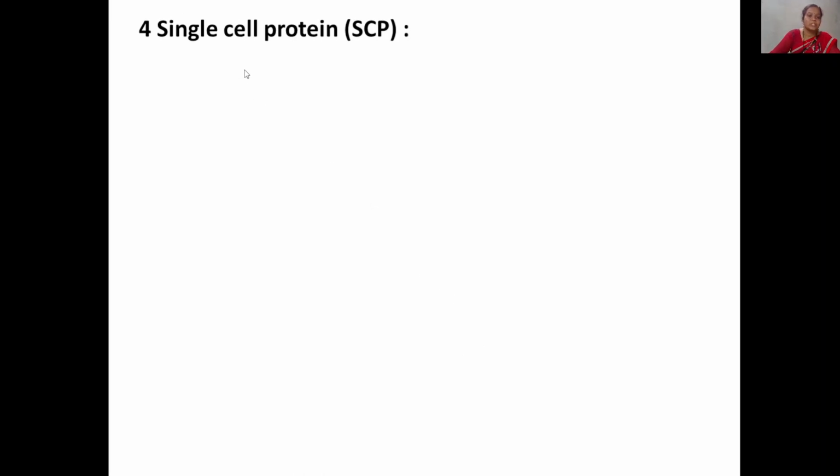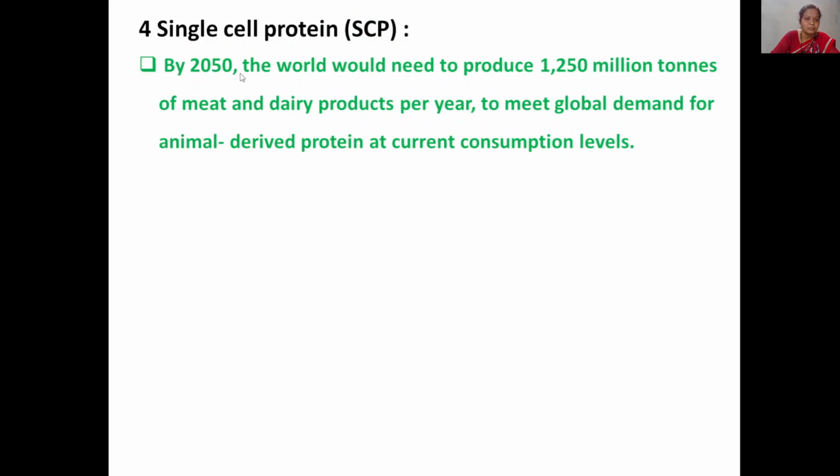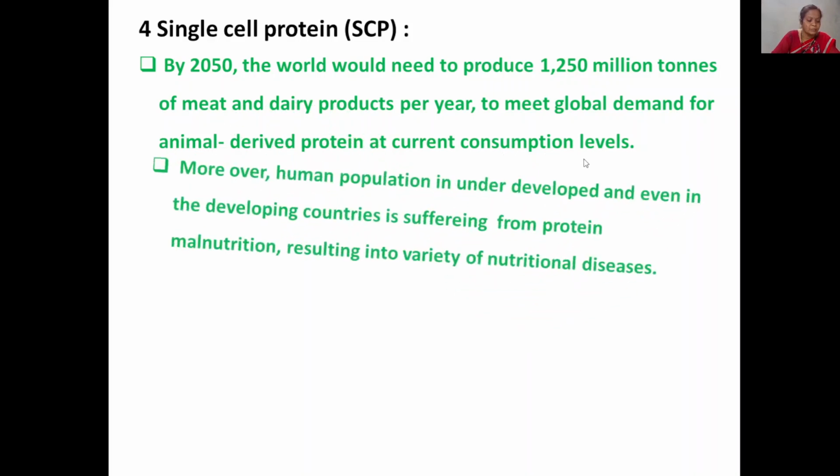Here we see the next point, that is single cell protein, the SCP. In this point, see here, by 2050 the world would need to produce 1250 million tons of meat and dairy products per year to meet global demand for animal-derived protein at current consumption level.